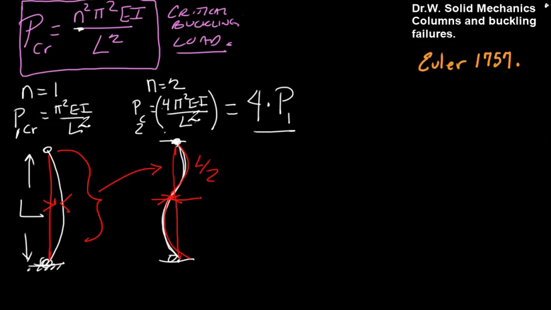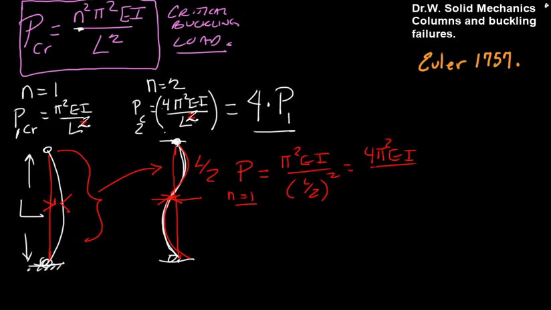So for L on 2, P would be an n equal to 1 failure, and we would get pi squared EI on L on 2. And notice that that becomes 4 pi squared EI on L squared, which is the same as what we had up here. So this would be the same solution.